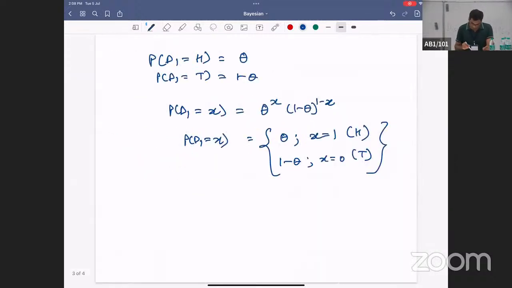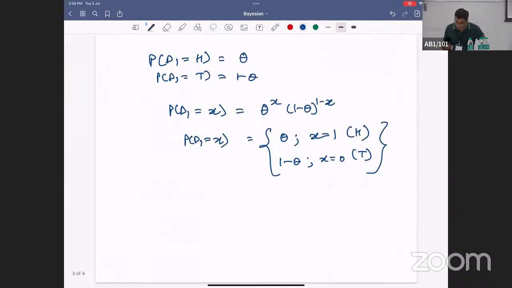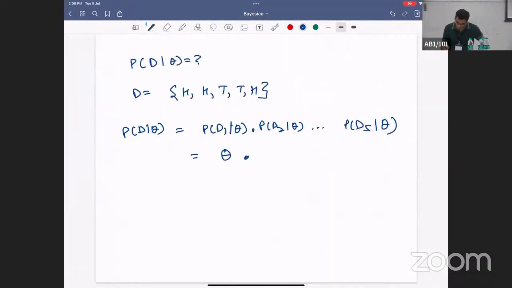Now D1 is heads. We go back. What is the probability of D1 equal to heads? Theta. Theta times, what is the probability of D2? D2 is heads, right?